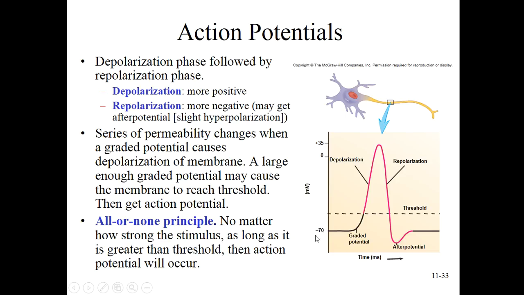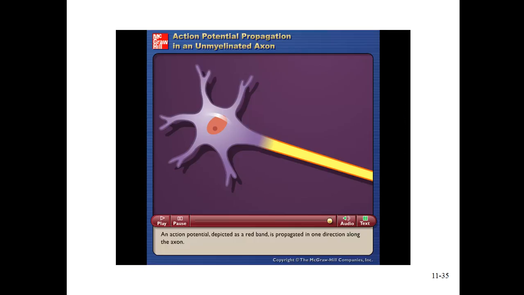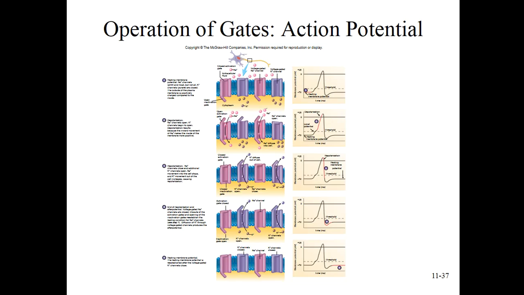It's negative. Why is it negative? Well, because of this idea of resting membrane potential. At resting membrane potential, negative 70, a little pump has pushed all of the sodium out of the neuron and pulled all of the potassium in.